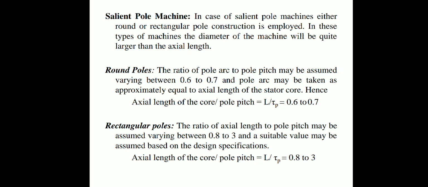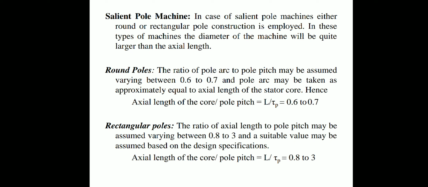Now let us understand the salient pole machine. In case of salient pole machine, either round or rectangular pole construction is employed. In these types of machines, the diameter of the machine will be quite larger than the axial length.